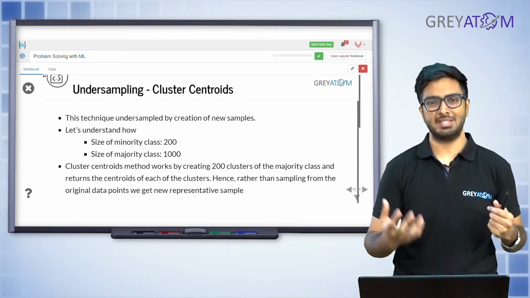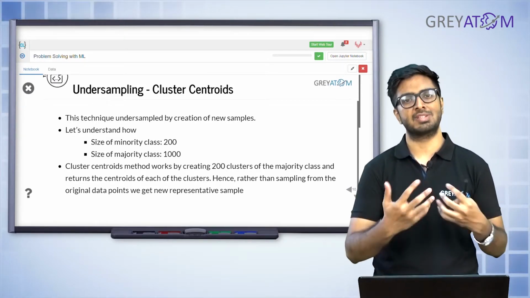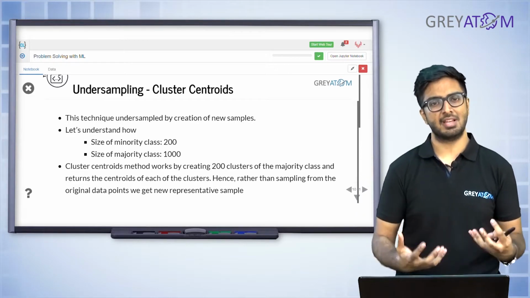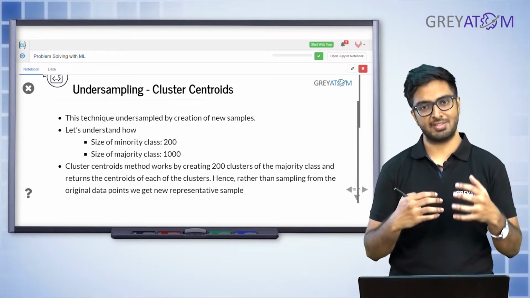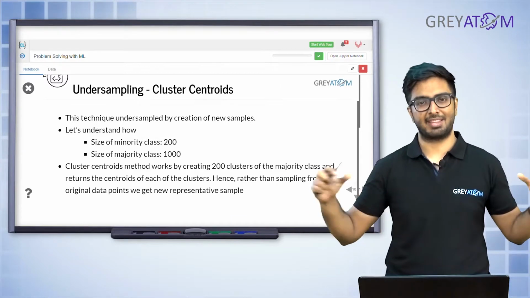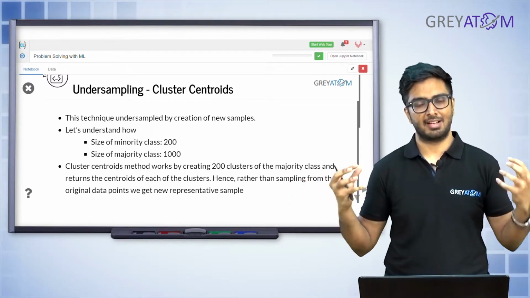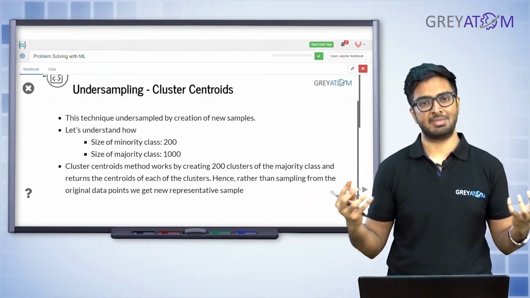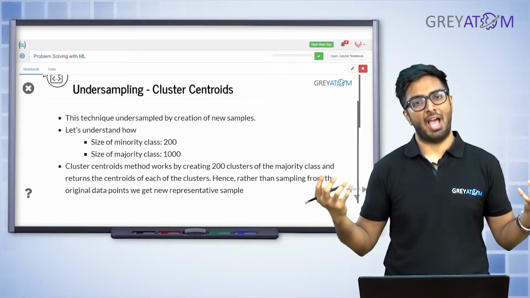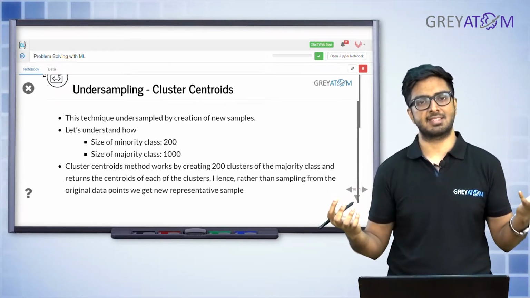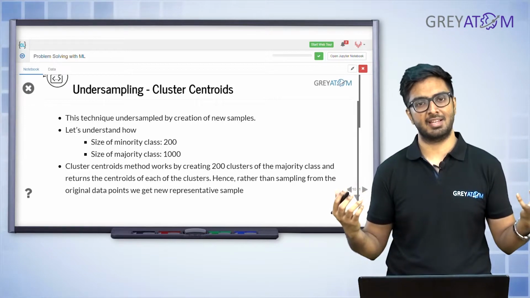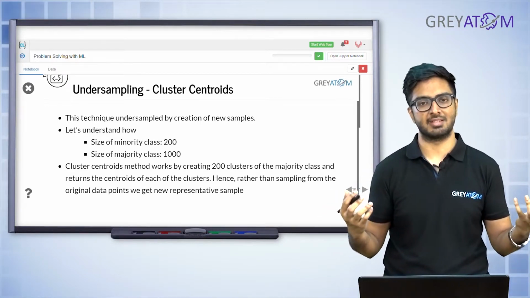If you're randomly sampling, you could end up with data points which look very similar to each other. So the better idea is to first break those 1000 into unique clusters, clusters that are very similar within themselves and very different from each other. Then you take the mean, or anything which is a representative sample from each cluster.